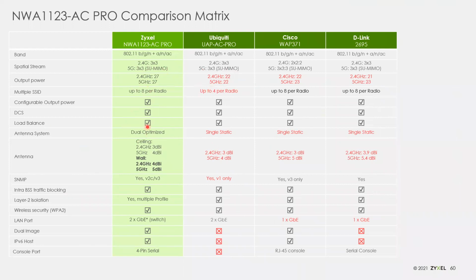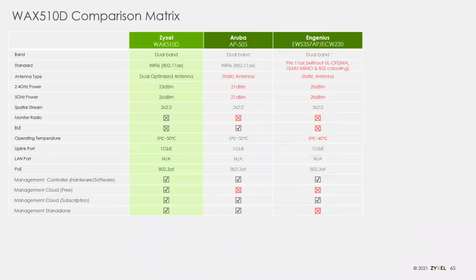Gives you dual optimized antenna versus the standard single antenna on the Ubiquiti. Support for SNMP v2c and v3, where Ubiquiti only supports SNMP v1. Support for IPv6, etc.